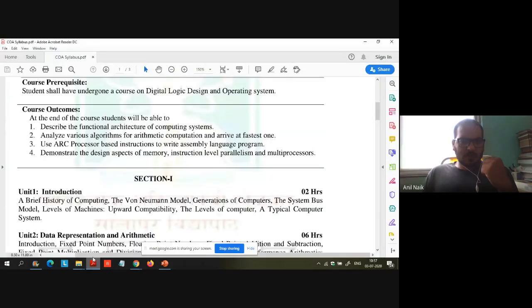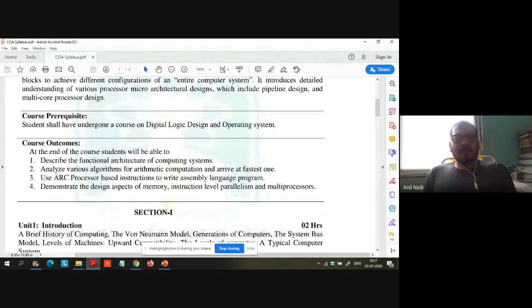Okay, so you will study the different types of memories: primary memory, secondary memory, and other memory concepts like cache memory and instruction level parallelism. Instructions are executed in parallel to handle a large number of instructions. For example, in the processor, we have dual core, quad core, and octa core processors. Dual core means two cores handle different tasks in parallel.